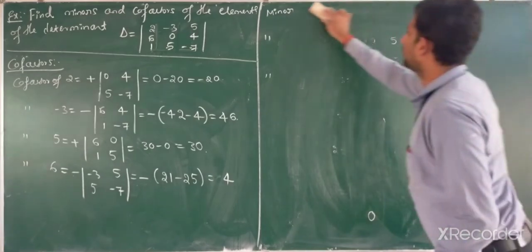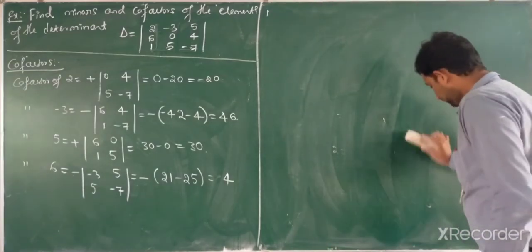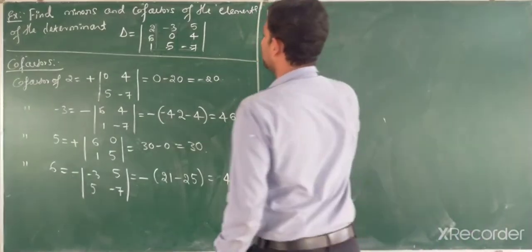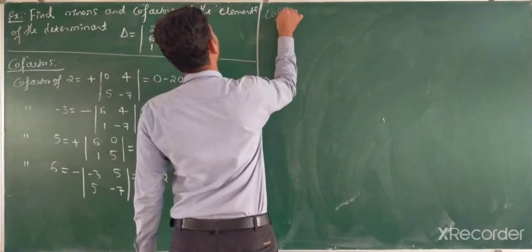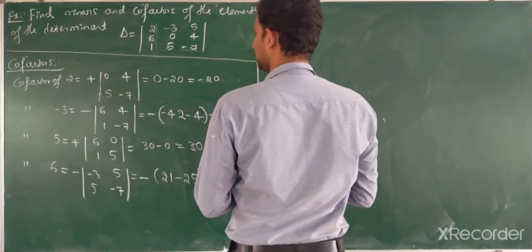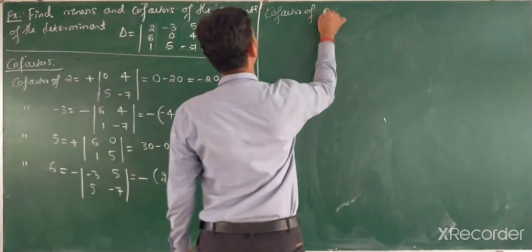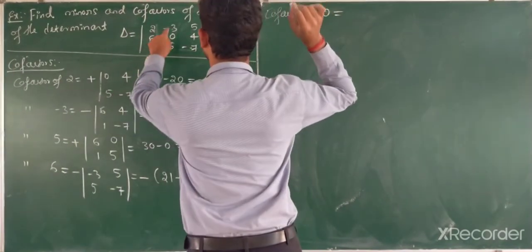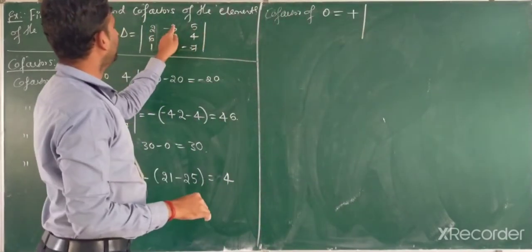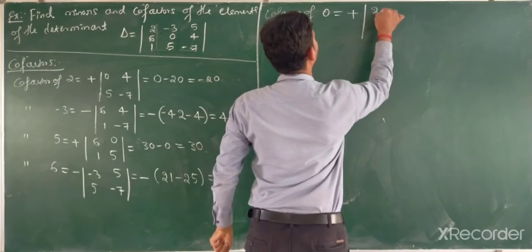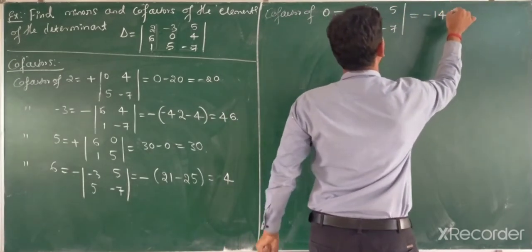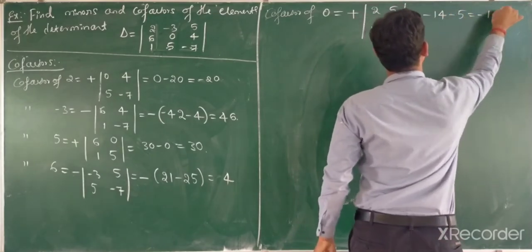After that, cofactor of 0 is equal to minus plus. This row eliminate, this 2 5 1 minus 7, which is equal to minus 14 minus 5, which is equal to minus 19.